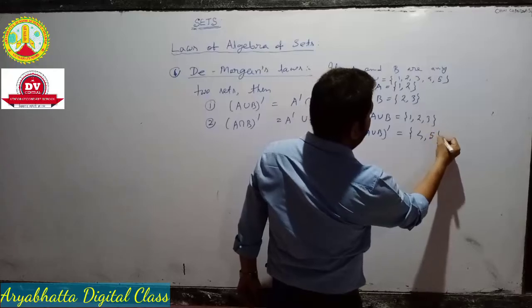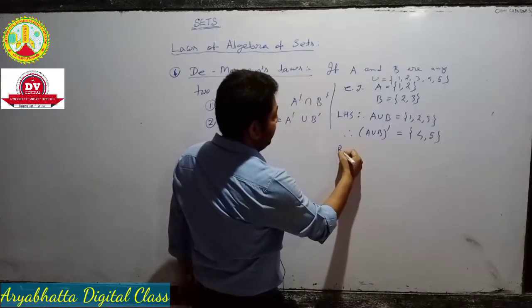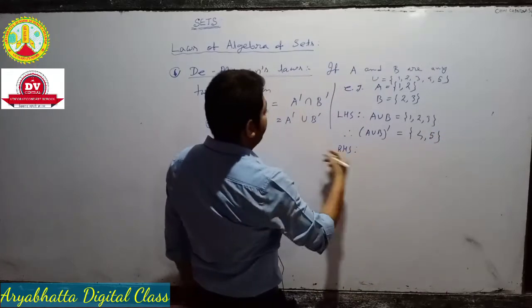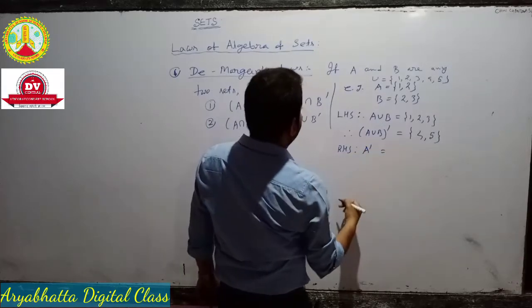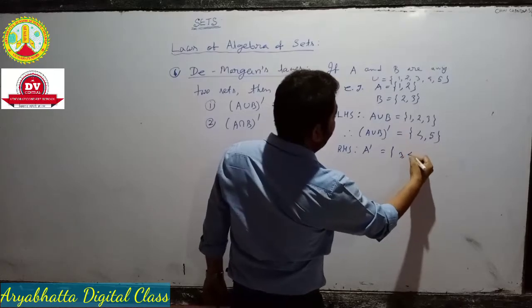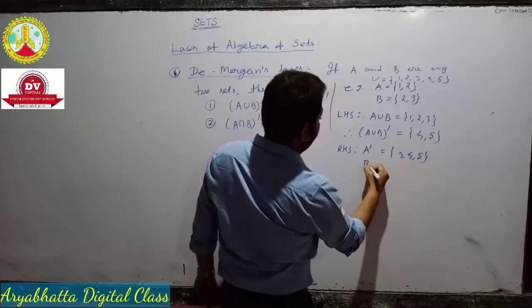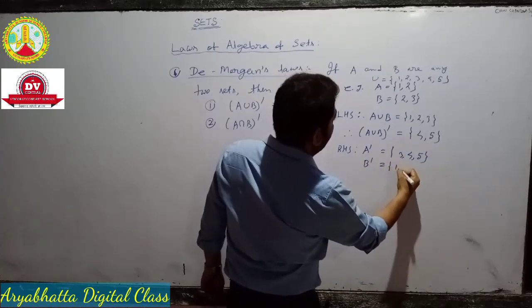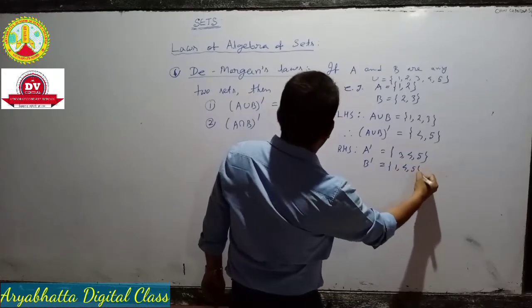{4, 5}. Next, right hand side, complement of A is equal to {3, 4, 5}. Next, complement of B is equal to {1, 4, 5}.